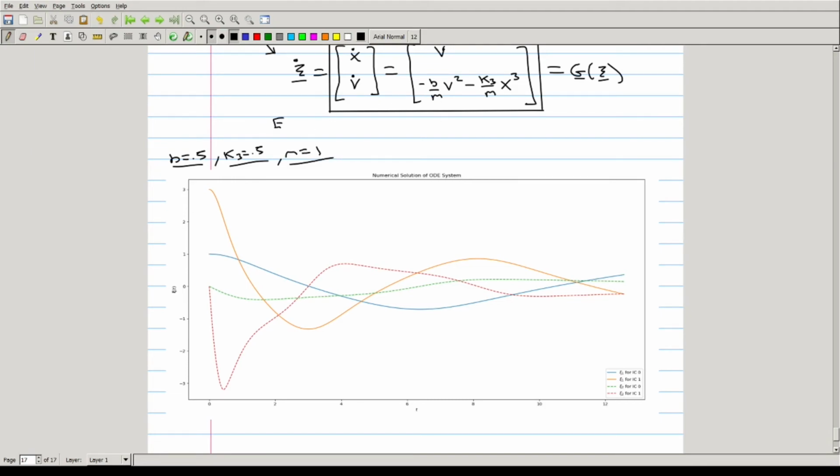But we can still go through and say that the equilibrium points are going to be when v is 0 and when negative b over m v squared minus k3 over m x cubed is equal to 0, which, if v is 0, only gives us one equilibrium point again.